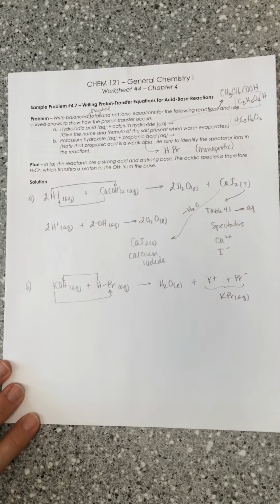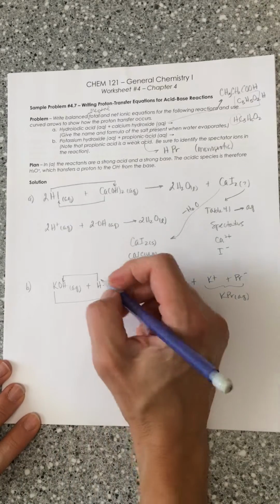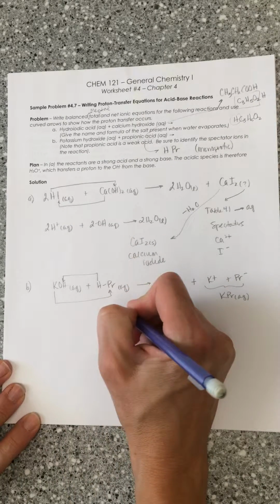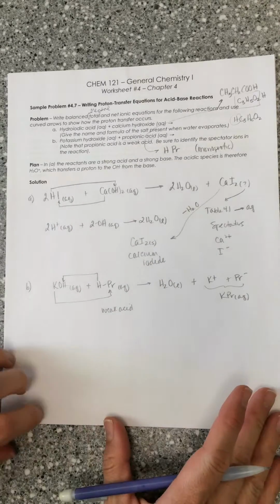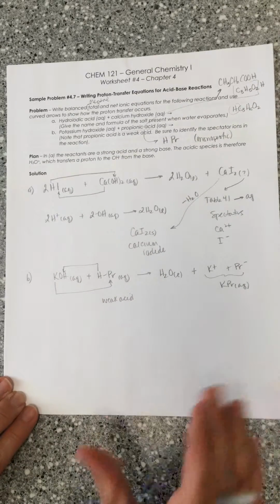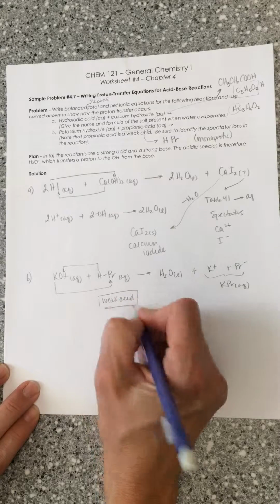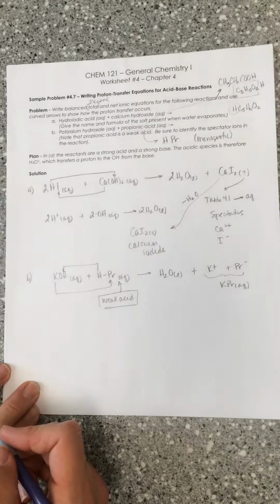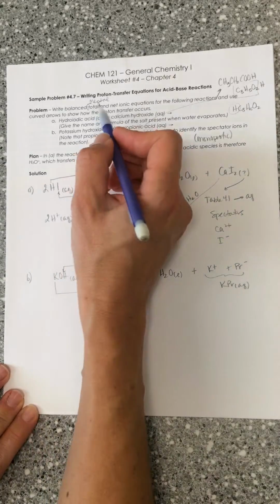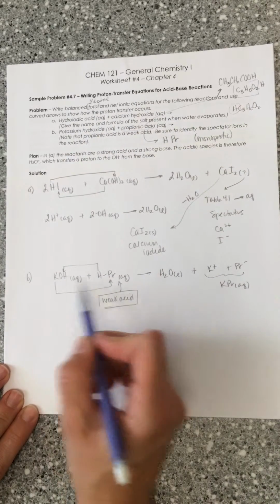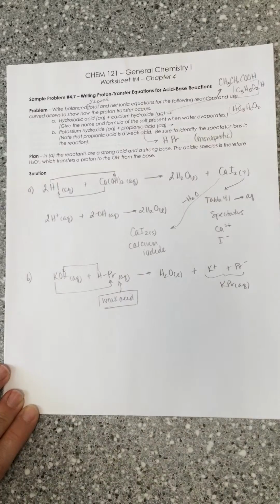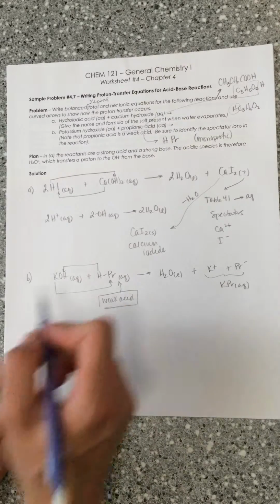When we write this as an ionic equation, we have to treat the fact that this is a weak acid uniquely. This is really important. This is the different feature of this, the fact that we are working with a weak acid. So mentally, we're going to be splitting this apart. Potassium, aqueous, is going to be a spectator ion.